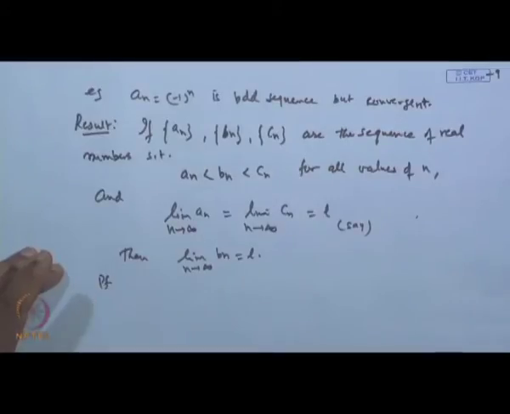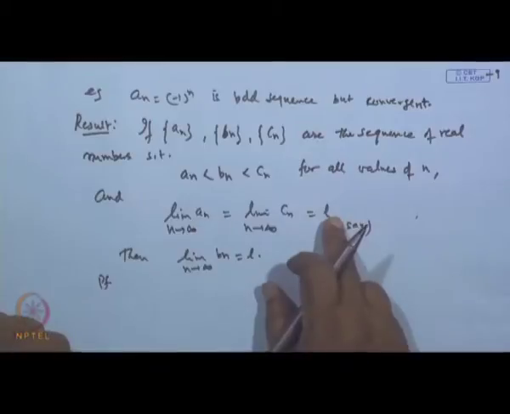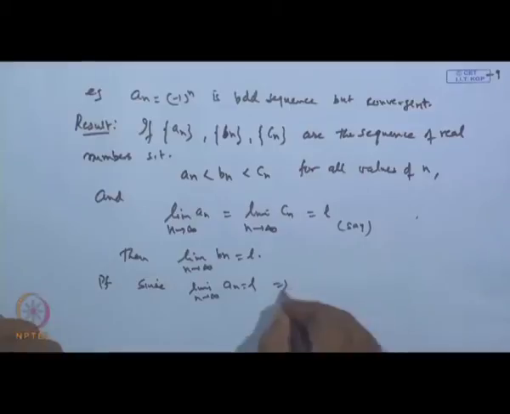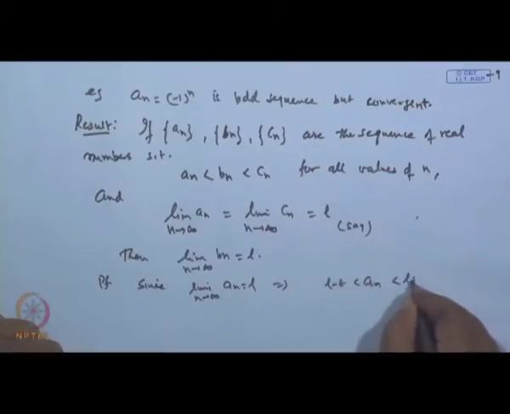Proof: A n is given to have limit L. So, it implies that A n must lie between L minus epsilon and L plus epsilon for n greater than or equal to n 1.